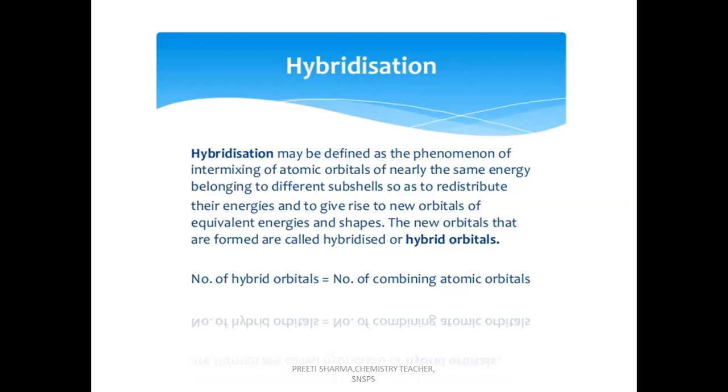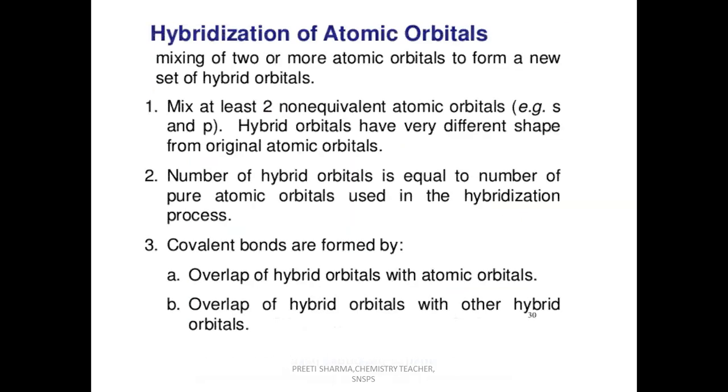And there are certain conditions for hybridization. The number of hybrid orbitals must be equal to the number of combining orbitals. See, there are a few points. Mix at least two non-equivalent atomic orbitals, suppose s and p, because mixing requires at least two orbitals.